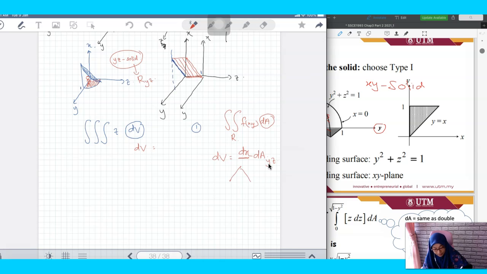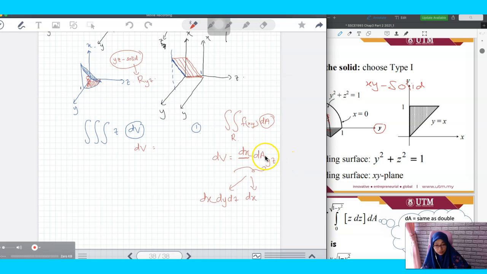The first option is dx, and then dA as dy dz. The second option is that dx does not change, but you change the dA to dz dy. So from the 4, 5, 6 options, it is now reduced to 2. The process is the same as double integral.